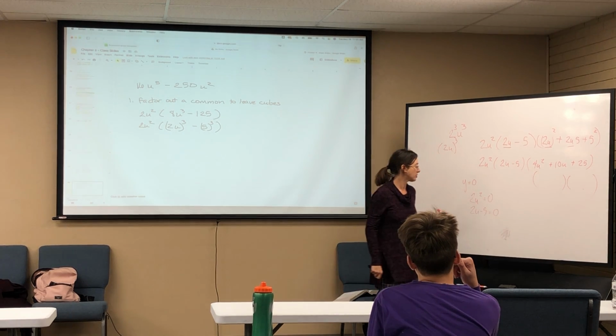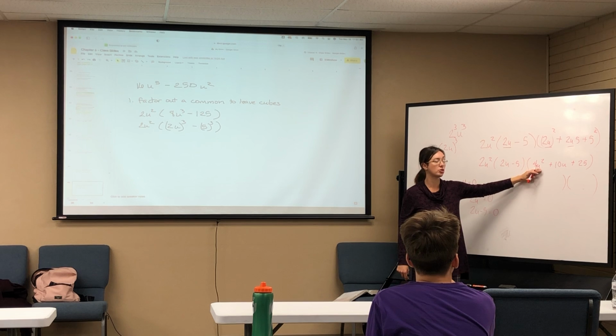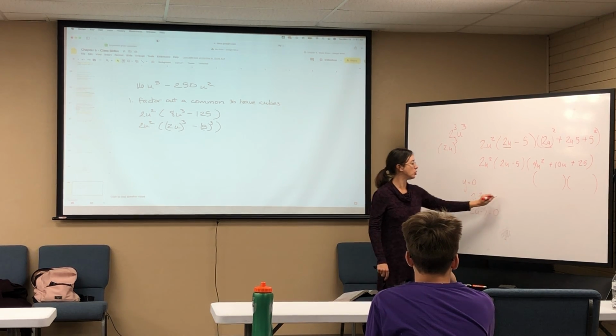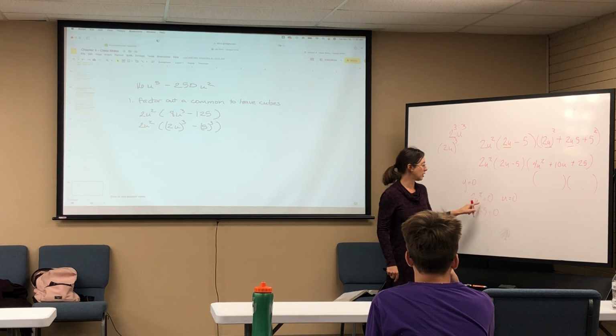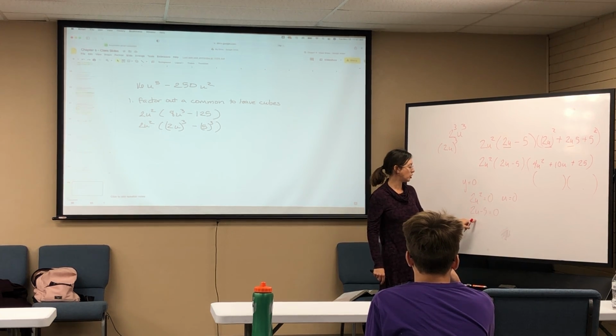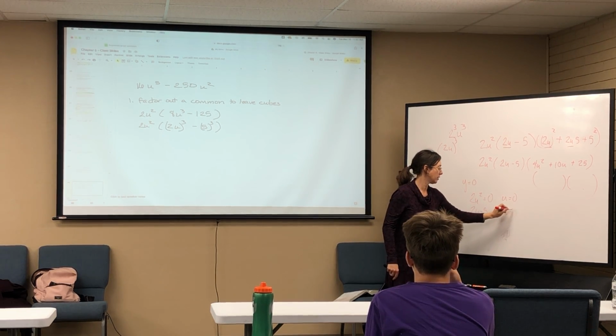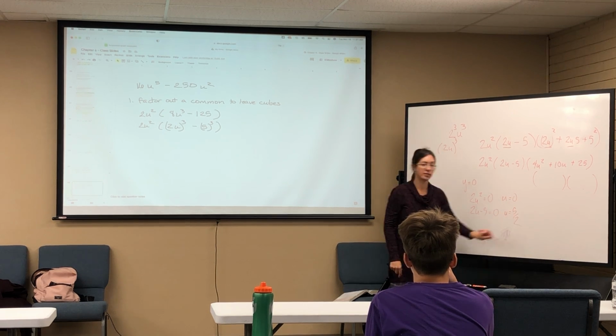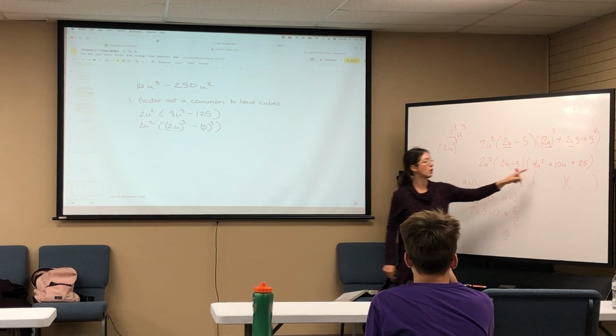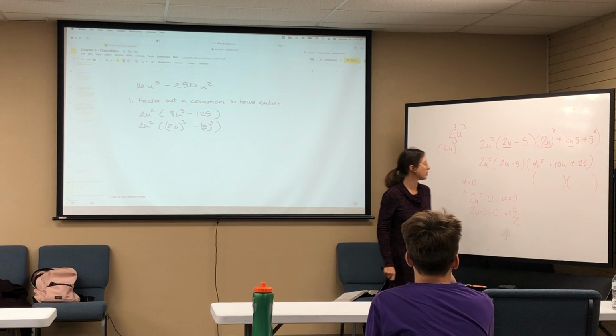I don't know if you can factor the trinomial more. In this case, we might just use the quadratic formula to find solutions for that one. In this case, u equals 5 halves. And then we would also have solutions that come from here.